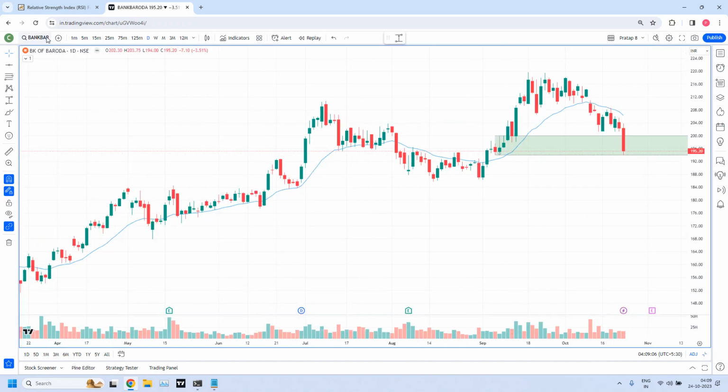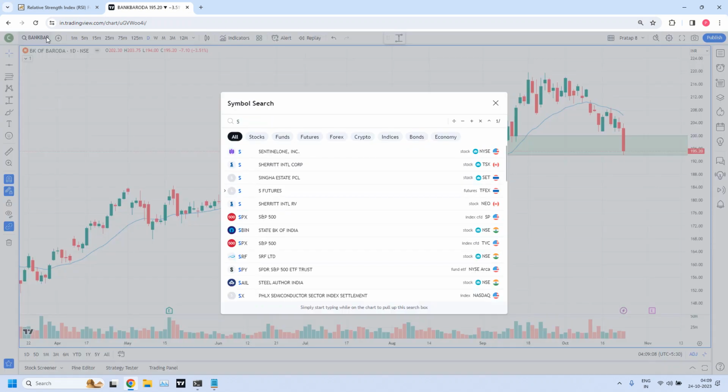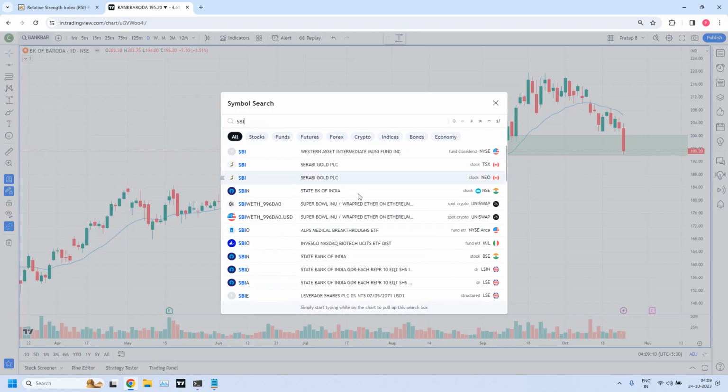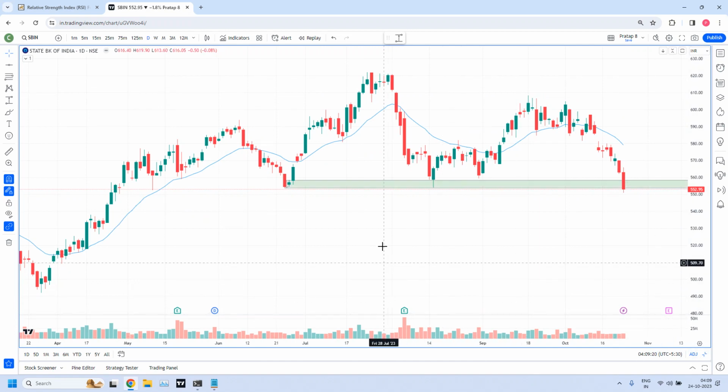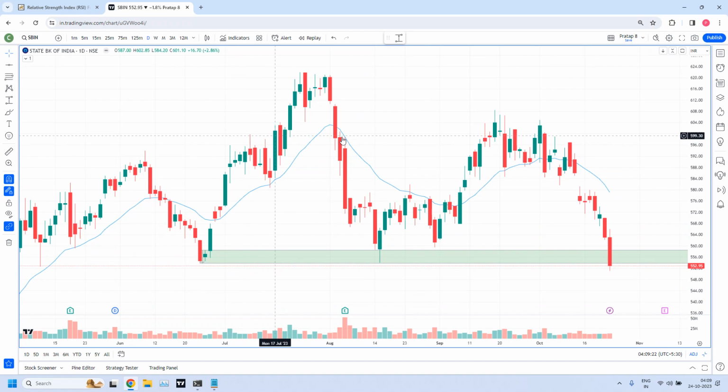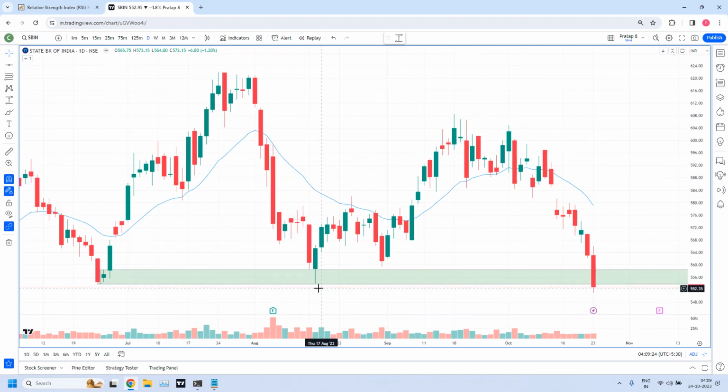And next we will see State Bank of India. Look into the State Bank of India. It already gave one test. Excellent move from there.